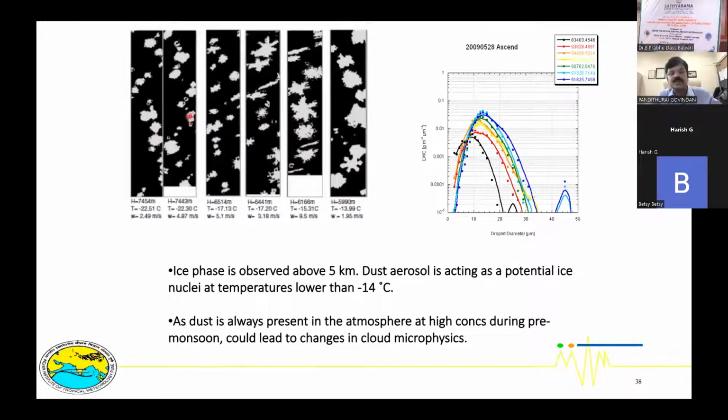We could see the ice particles at these heights. So the warm rain is suppressed, the cloud could invigorate into larger depths, and cold cloud processes take place. At the end of the flight, we could see a thunderstorm over this region.